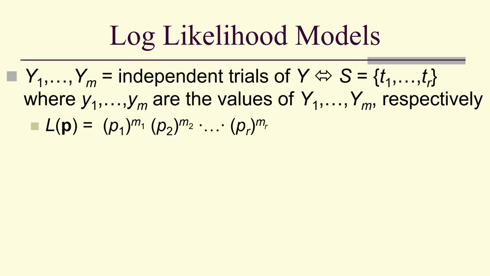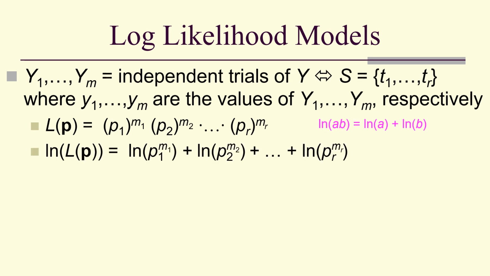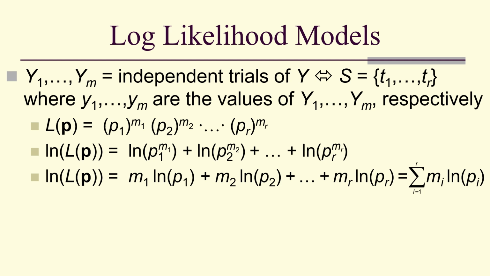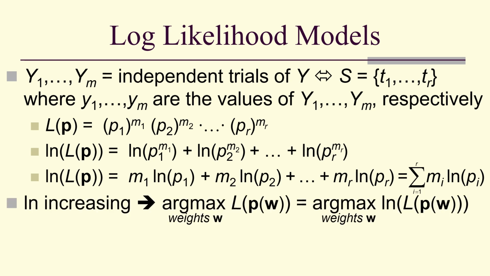So here's our likelihood function. We're going to make it a log likelihood function by taking the logarithm. And then using our exponent rule for logarithms, we can factor the m's to be coefficients of the logs, and write that in summation notation.